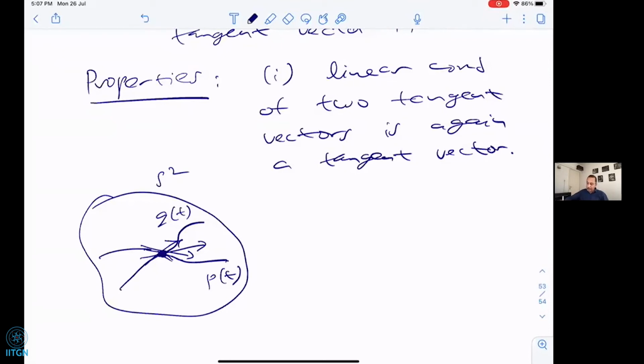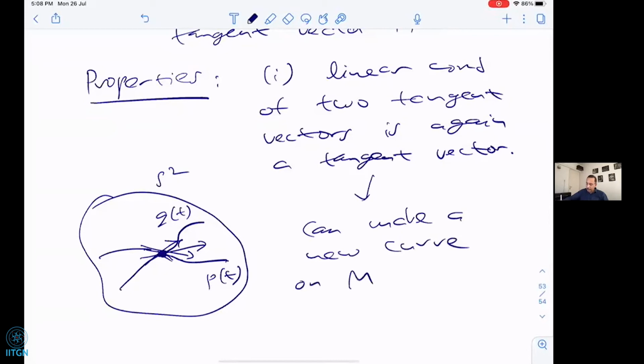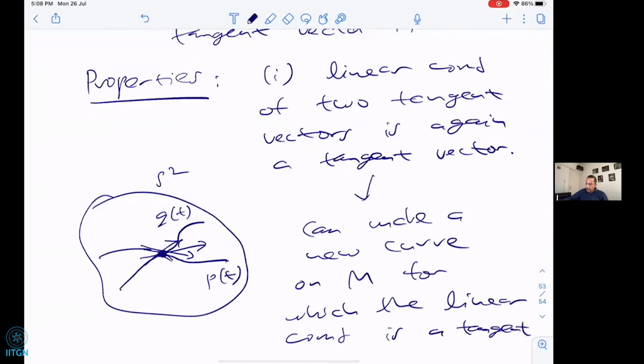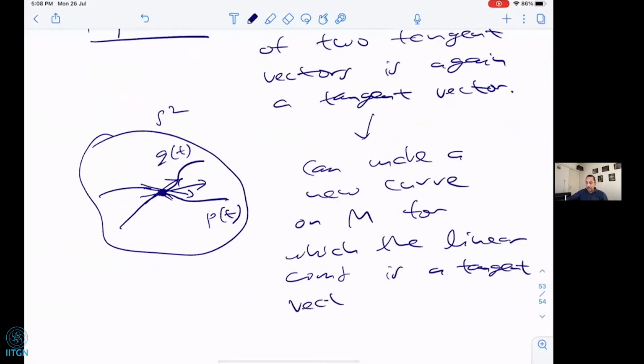Okay, so the statement is that I can make a new curve on the manifold M for which the linear combination is a tangent vector. Remember, in defining tangent, we started with a curve, but we never said that we only need one curve.